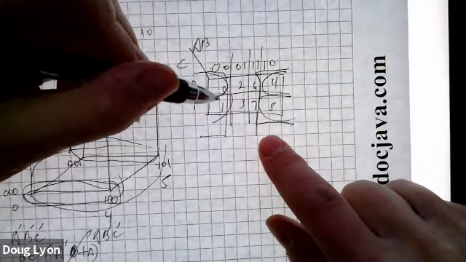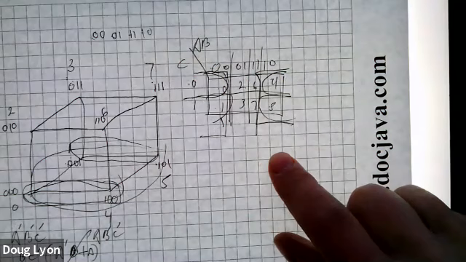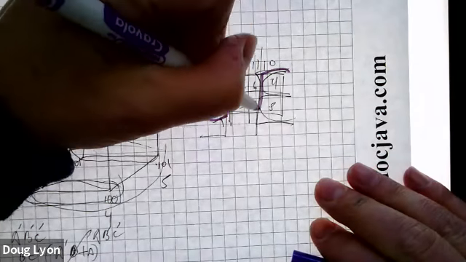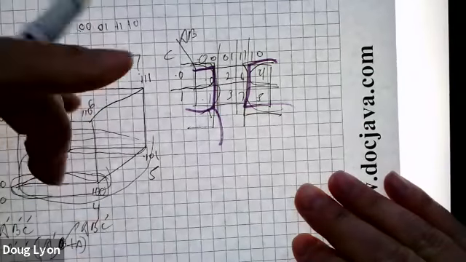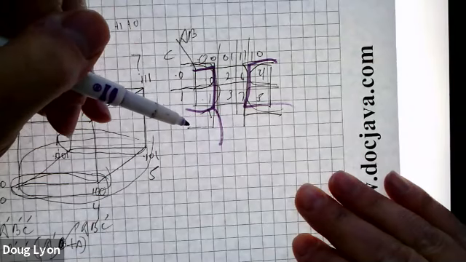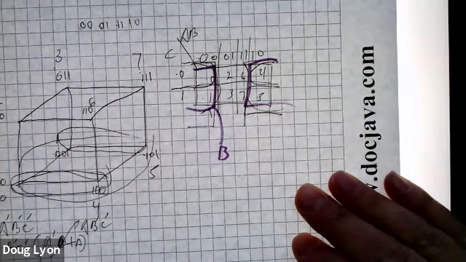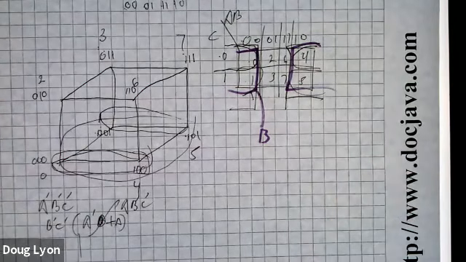So if I loop 0, 1, 4, and 5, I'll put it in a different color so you guys can see it. So when you loop 0, 1, 4, and 5, you see B. It's a simplification. What do you think of that? It's mind-bending, isn't it?